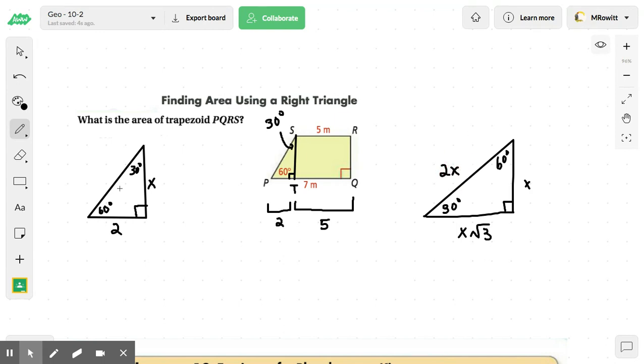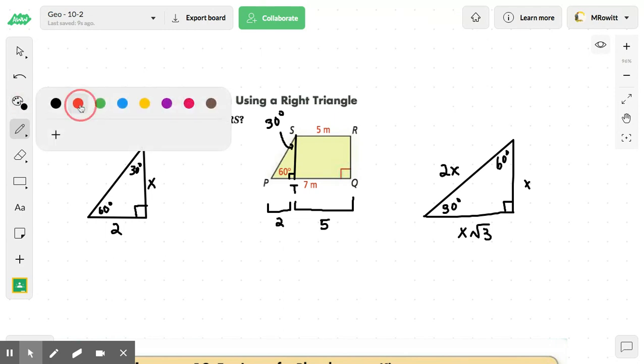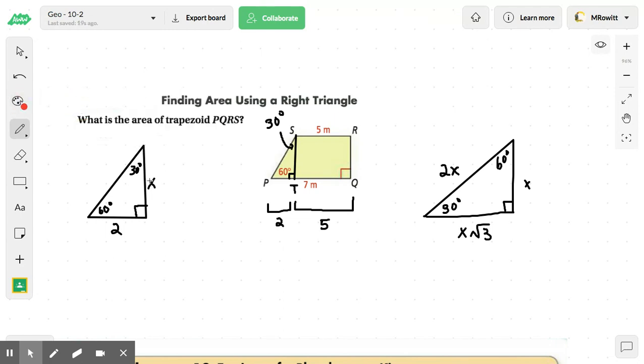Well, I can use this fact here. The side across from 30 is 2. Well, the side across from 30 is supposed to be x. Perfect. I used the same variable twice. I know that's confusing. This guy here, I'll make this a red x. Now it's different. I'm trying to solve for the side across from 60. Well, the side across from 60 is supposed to be x radical 3.